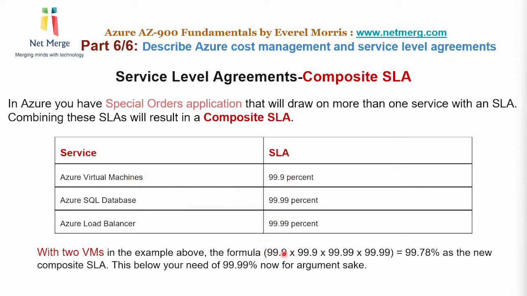Two virtual machines is 3.9s and 3.9s. So that's your two virtual machines. This is for your SQL database. It's 4.9 and your load balancer is 4.9. So this is what your composite SLA would look like in Azure when you combine multiple resources to get an understanding of your SLA. So you should be able to understand that.